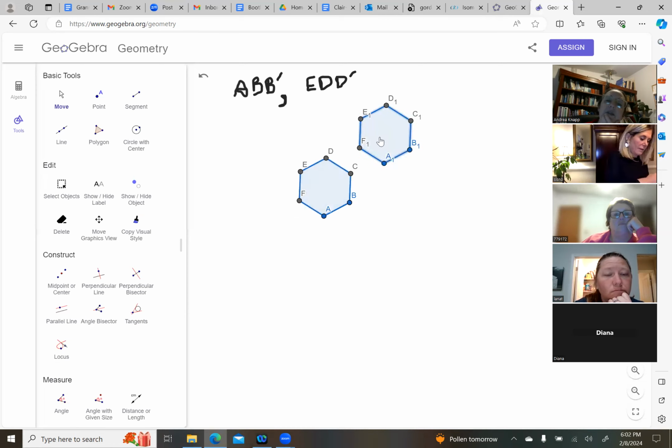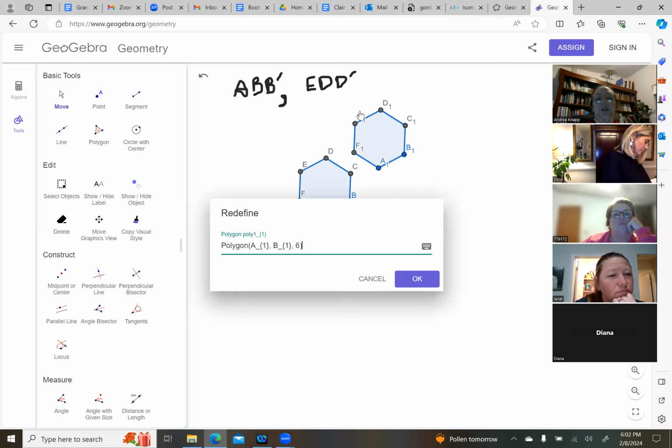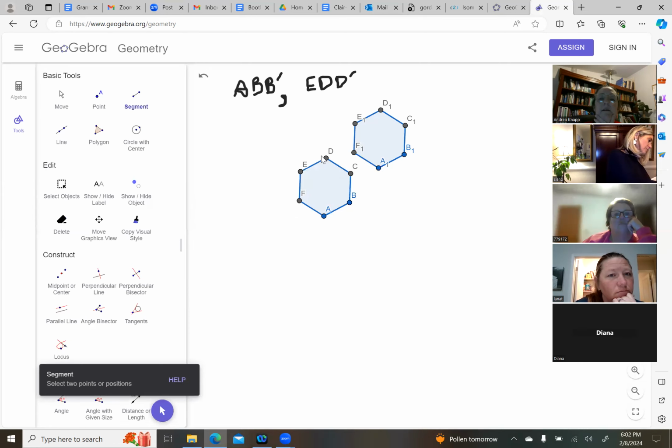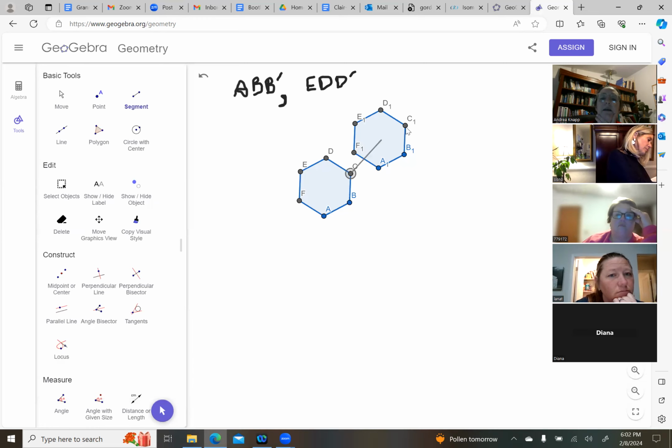If I can do this and make it look three-dimensional, I think I can. So I can connect C with C1, or you could call it C prime. B with B1. A with A1. F with F1.